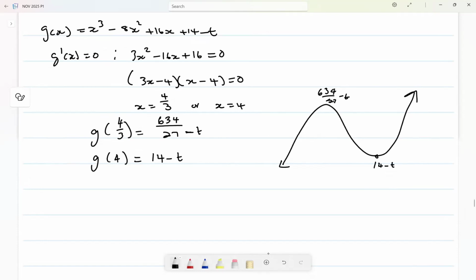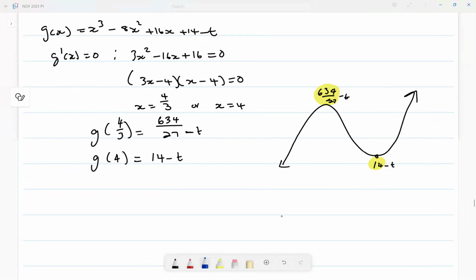Now I said the graph should be between those two values. So t should be a value between these two values. Okay, t should be in that interval.